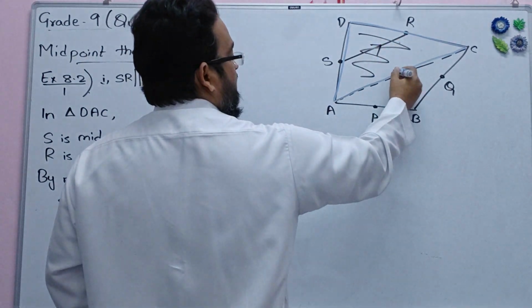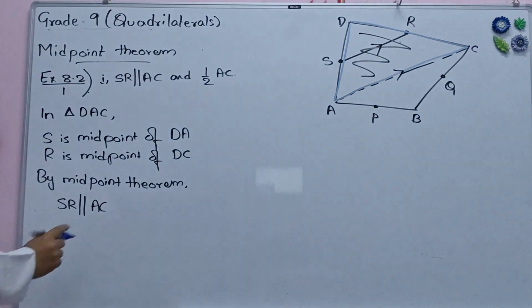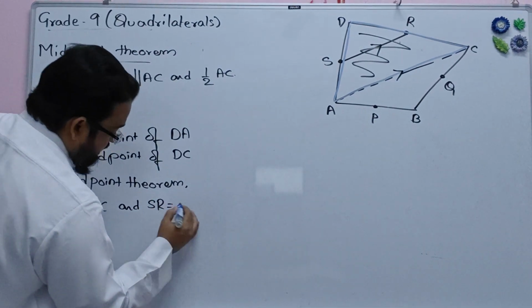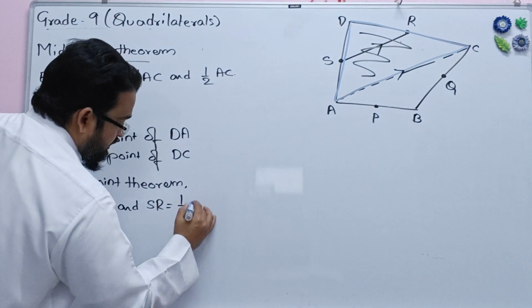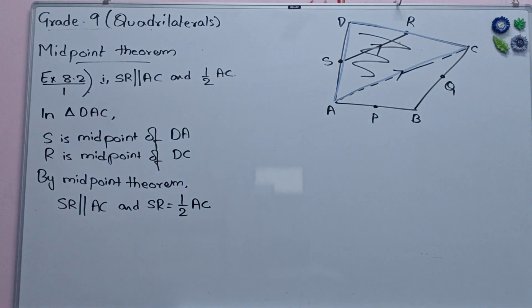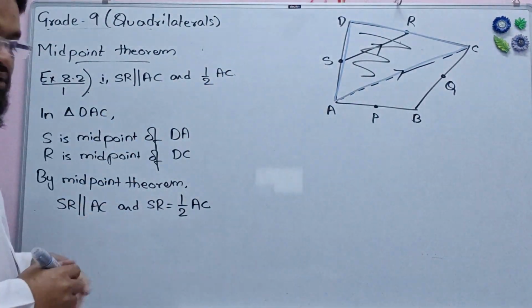So this line and this line are parallel, and also the midpoint theorem states that SR will be half of the third side. Got it, everybody? So the first one we have proved.